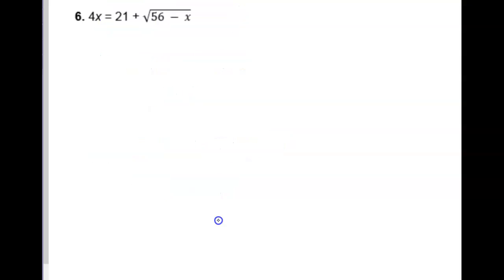All right. This one, it gets nastier. It's not the worst. Okay, what do we have to do first? So we end up with 4x minus 21 equals the square root of 56 minus x. Okay?